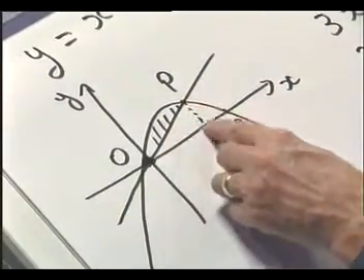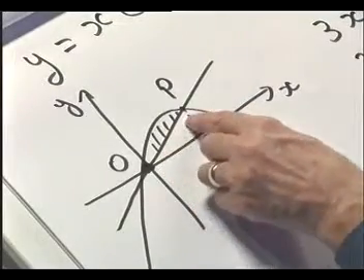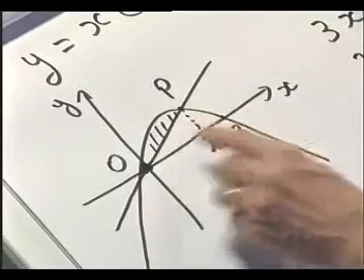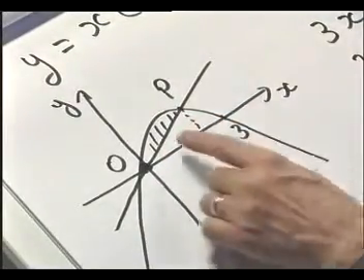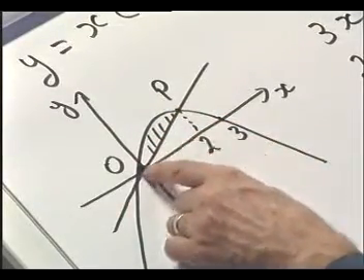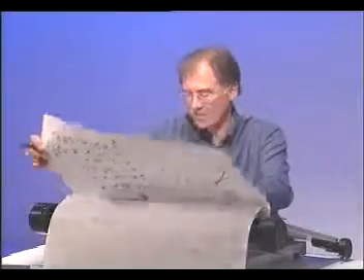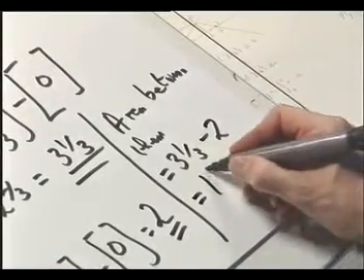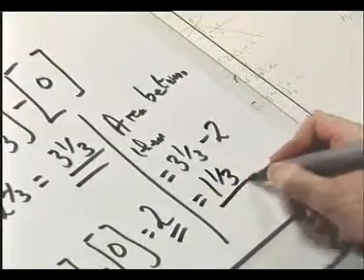And we've calculated the area of this bit of triangle that's here underneath y equals x, and the answer to that is 2. And so what we're looking for is the difference between the big area and the triangle. So that's 3 1/3 minus 2 gives us 1 1/3.